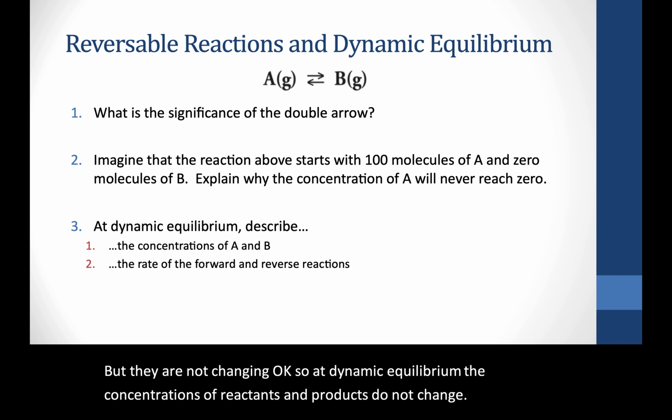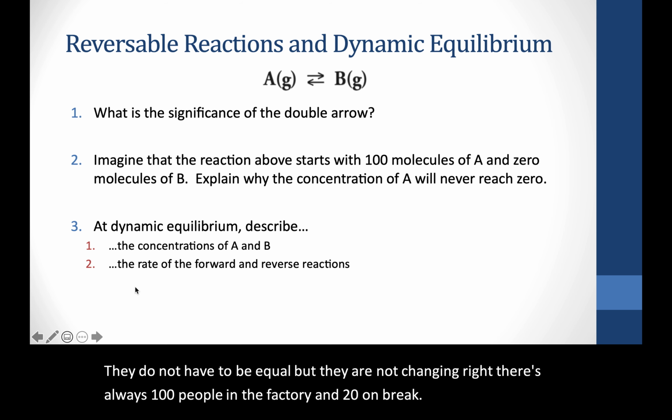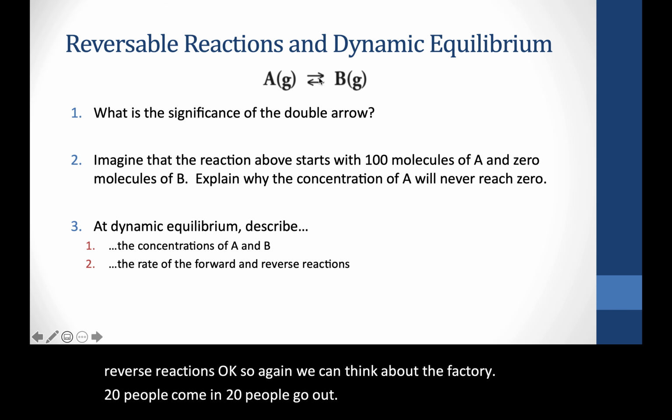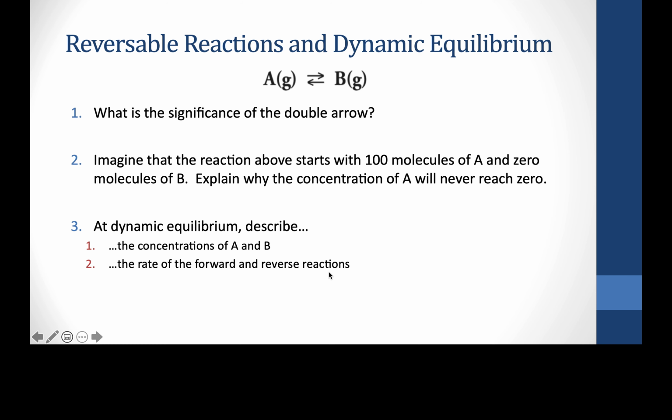Now, at dynamic equilibrium, let's describe the rate of the forward and reverse reactions. Again, we can think about the factory. 20 people come in, 20 people go out. In this scenario, A turns into B, and B is turning into A. If it's truly at dynamic equilibrium and these concentrations aren't changing, then the rate of the forward and reverse reactions must be equal.